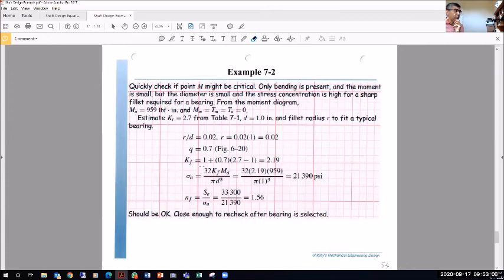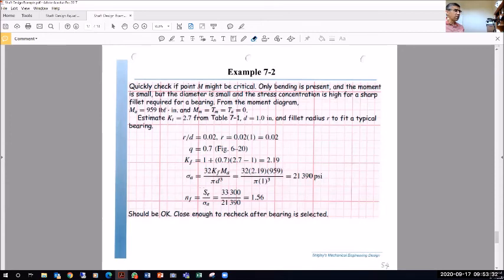I look at my sigma A and I include my KF in calculating sigma A, again, like we did in homework 3 and in the example before homework 3. Now I can calculate NF, and again, I do not need Goodman because I only have axial stresses. I find a 1.56, which is absolutely fine.